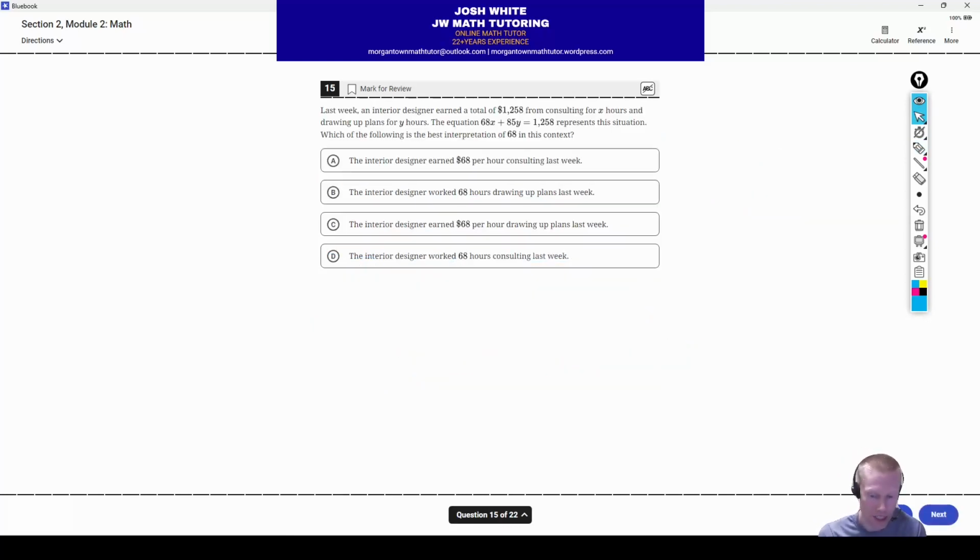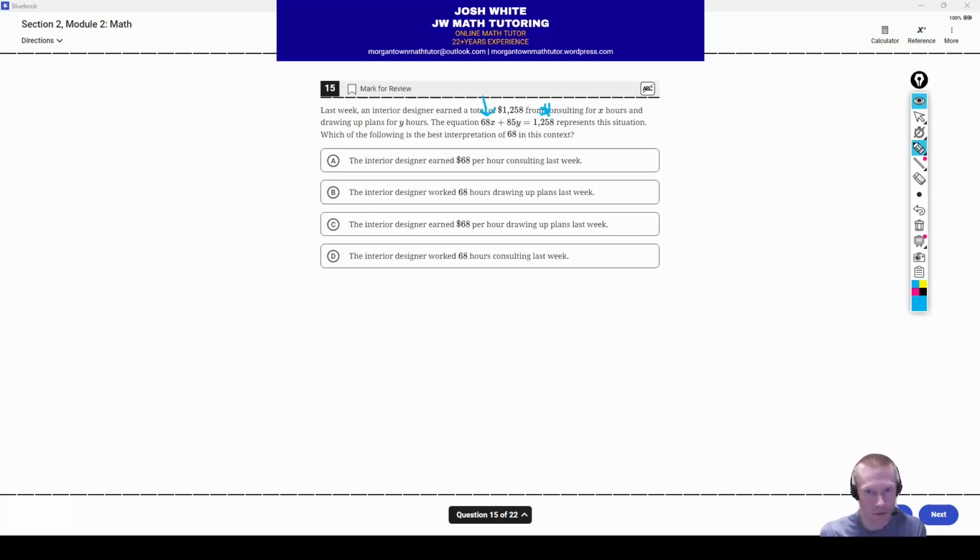Next up, number 15. Here we have basically a linear equation, and this is an interpretation problem. So it tells you this interior designer earned this total amount of money from doing consulting and drawing up plans. So if you think about it, on the right side, this is total dollars.